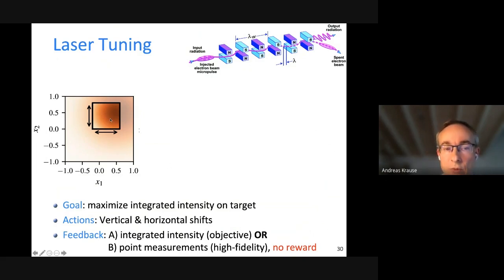Okay, and normally what you would want to do is maximize the integrated intensity on that entire target. Now, instead of just treating this as a black box observation, what we can also do is inject a sensor array in front of this sample and obtain a pixel measurement, right? So essentially a much higher resolution measurement of how the beam looks everywhere on that plane.